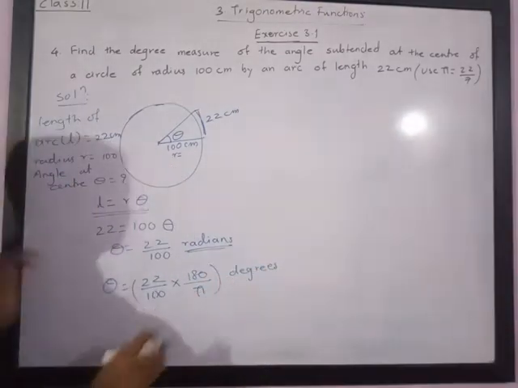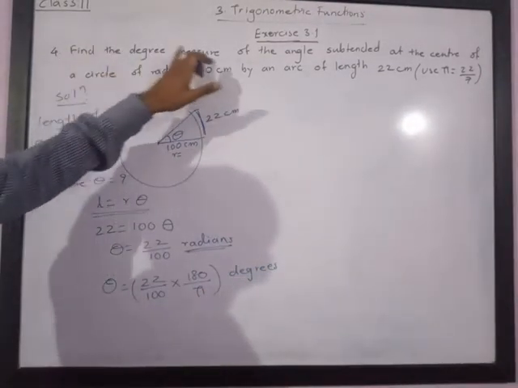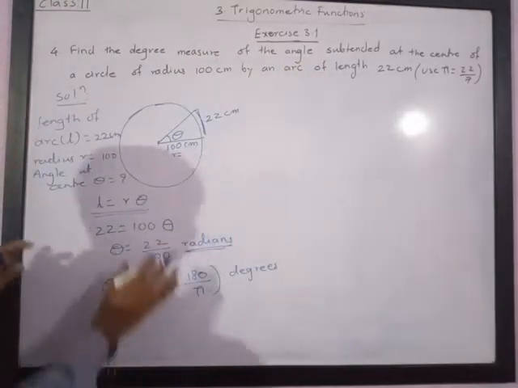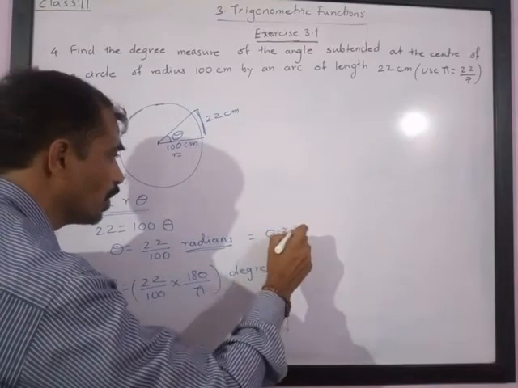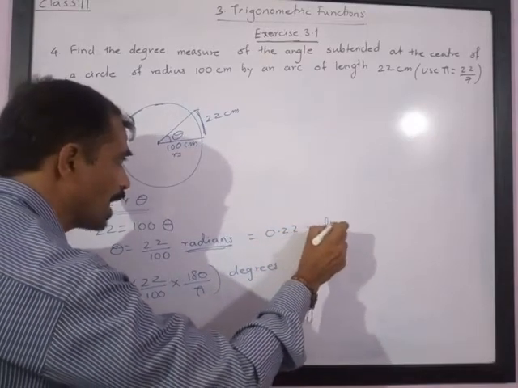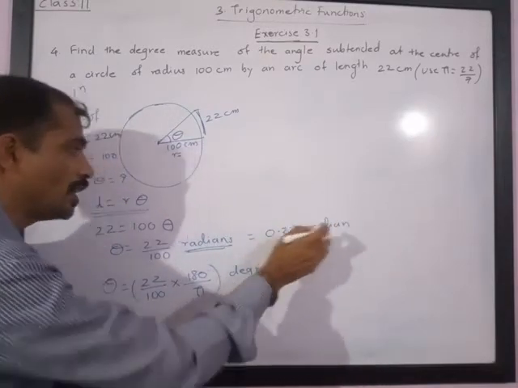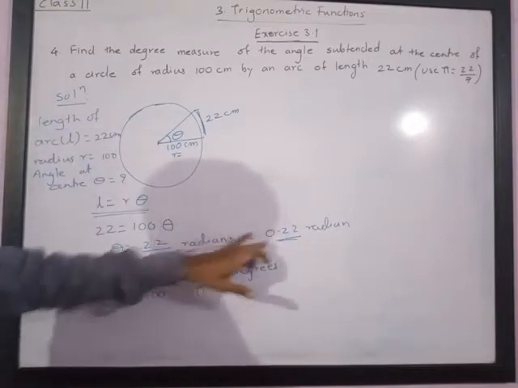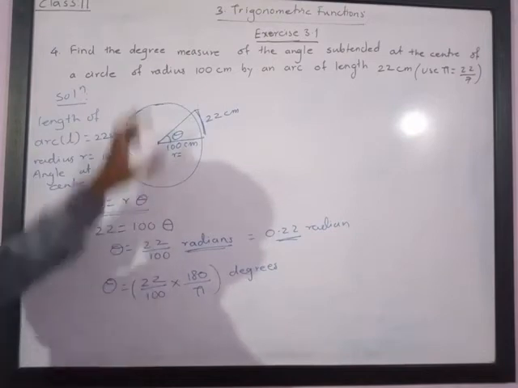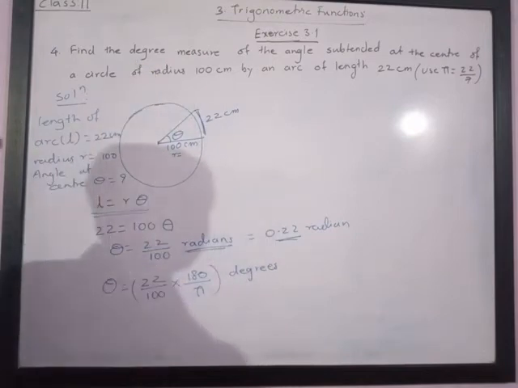We have got theta as 0.22 radians, but that is not the question asked. The question asks for theta in degree measure, so we multiply by 180 upon pi.